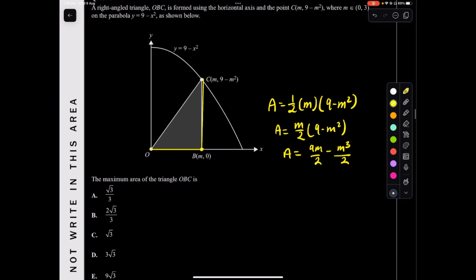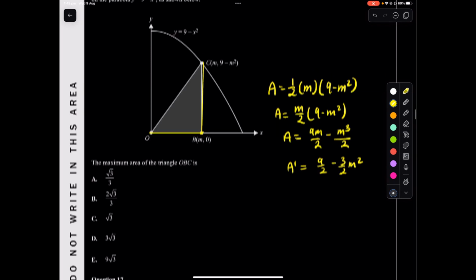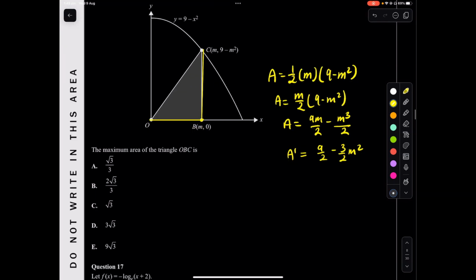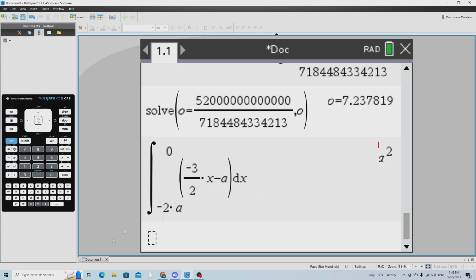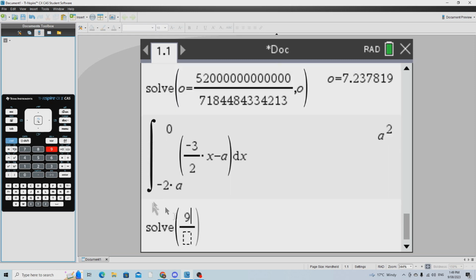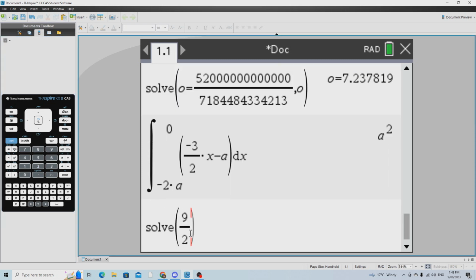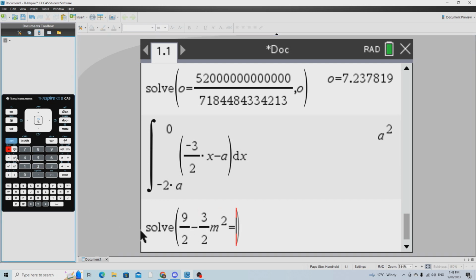Okay, now let's find A dash. So it will be just 9 over 2 minus 3 over 2 m squared. And we want to let this equal to 0. So I'm going to do this in a calculator, much easier. So solve 9 over 2 minus 3 over 2 m squared equals 0, comma m.